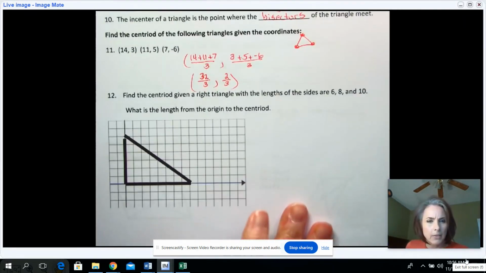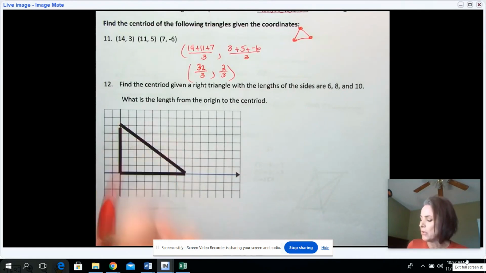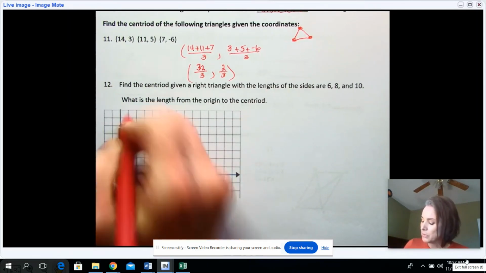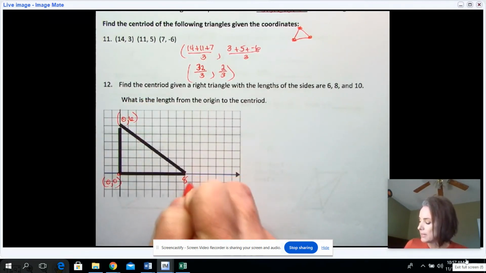All right, find the centroid given the right triangle with side lengths of 6, 8, and 10. So I drew it out so you would know where the vertices are. So this would be 0, 0. This would be 0, 6. And this is 8, 0.